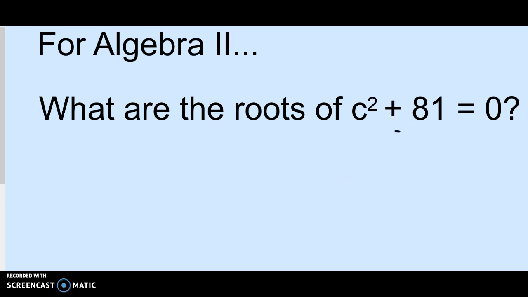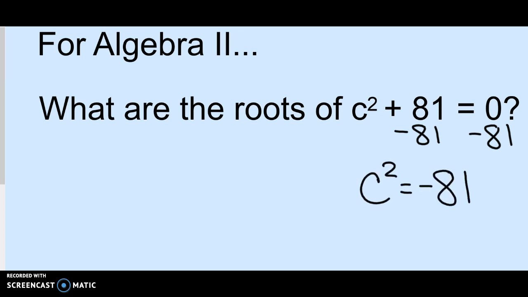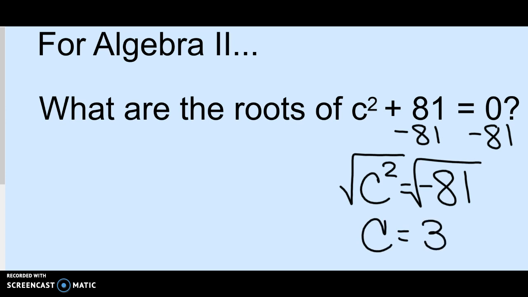So let's move this 81 to the other side, and you're going to get c squared equals negative 81. All right, 81 we know is a perfect square. If your calculator is set right in the a plus bi mode, you're going to be able to calculate that.